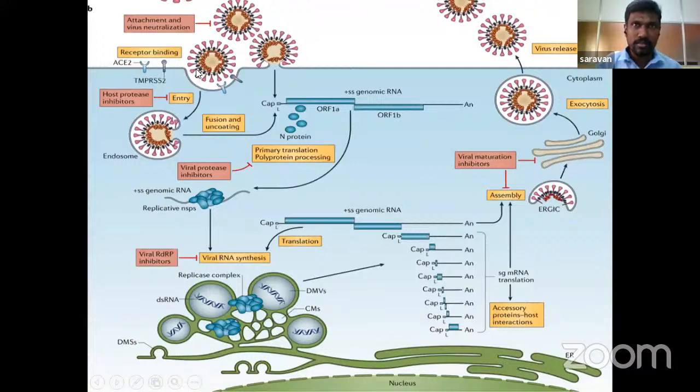Once the virus binds, there will be activation and endocytosis of the virus. The human ACE2 receptors are present in the target cells of the nasal and bronchial epithelial cells, as well as in the pneumocytes of the lungs.